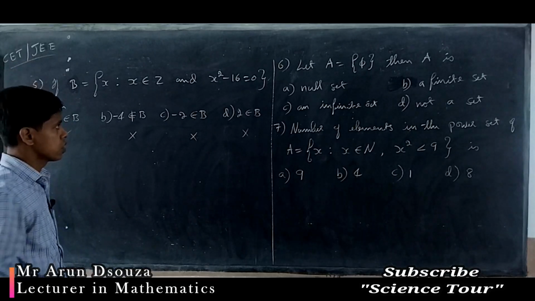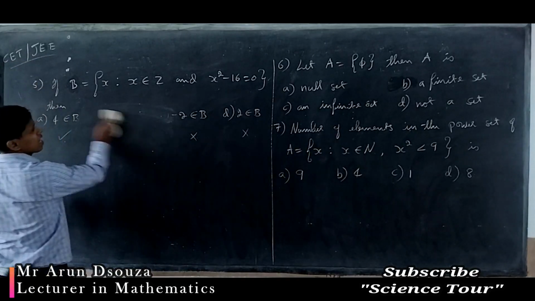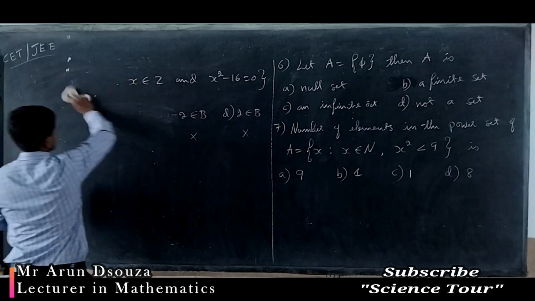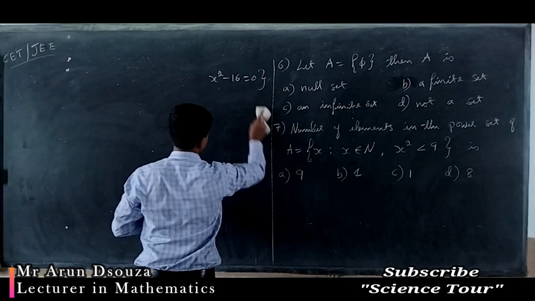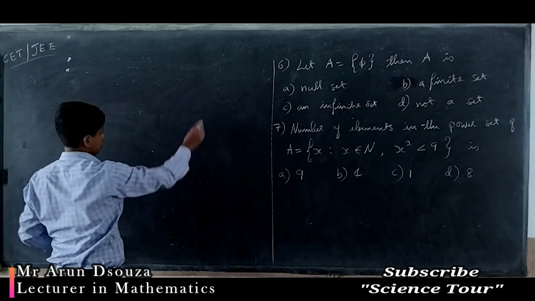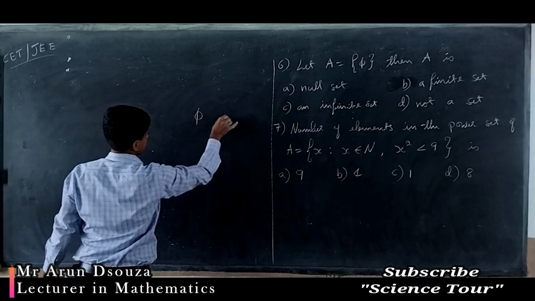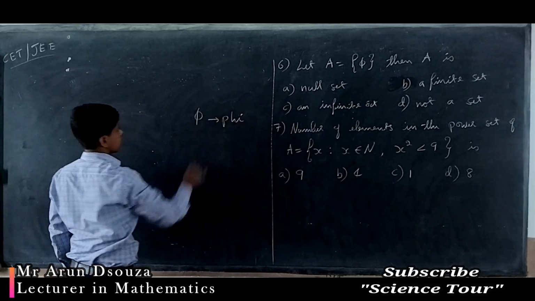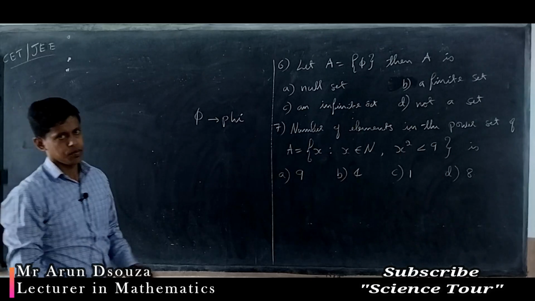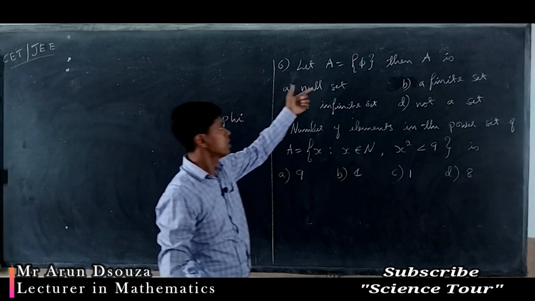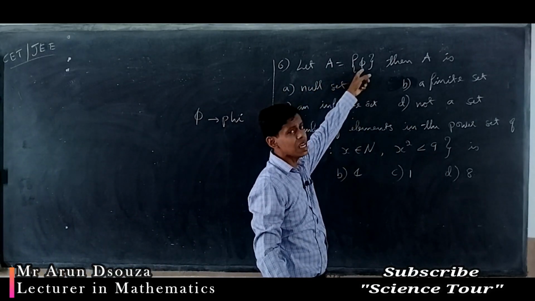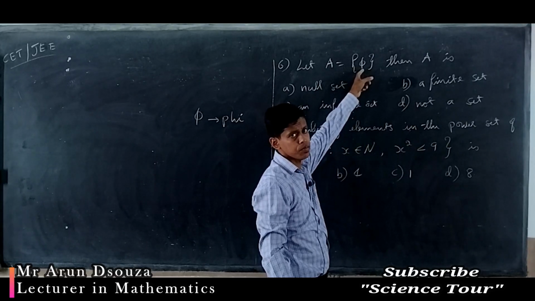Moving on to the next question, 6. This I have explained already, but let me explain it again. The symbol phi is the empty set. Now this set has one element, that is phi.